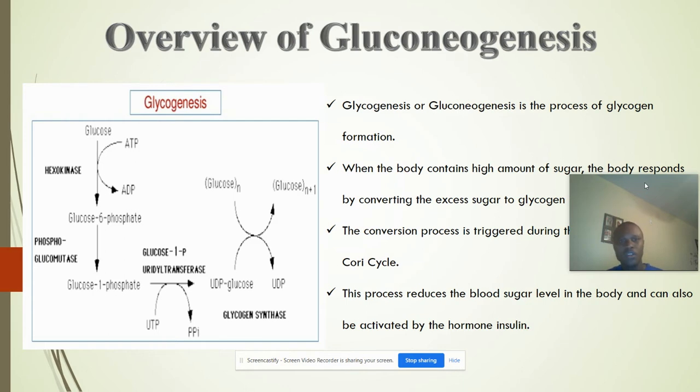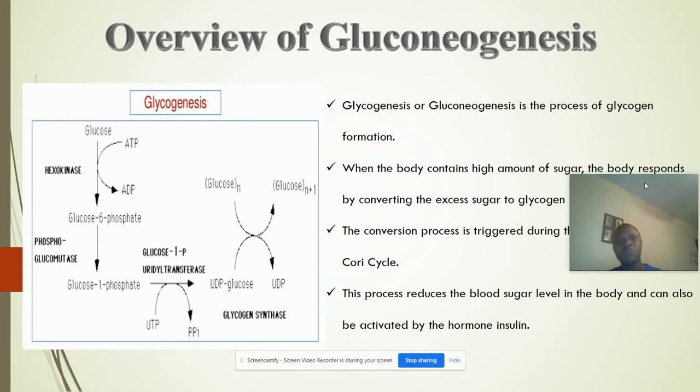Glucagon is the hormone that will work to increase the blood sugar level in the body when it is low, while insulin is the hormone that will help to bring down the blood sugar level in the body when it is high.